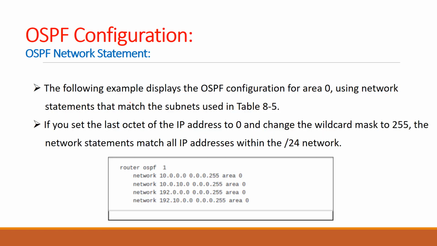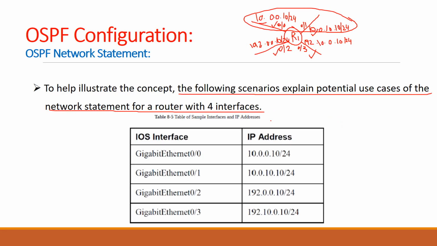The following example displays the OSPF configuration for area 0 using network statements that match the subnets used in table 8-5, which is this table.